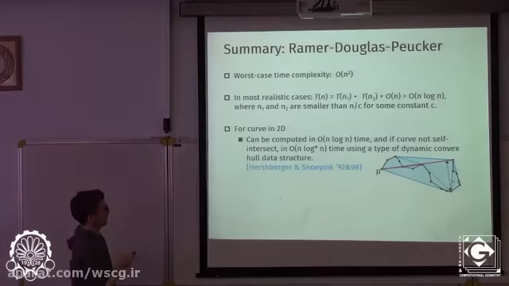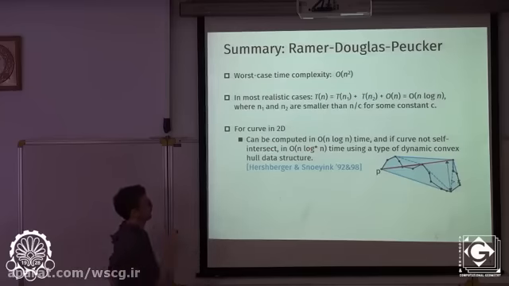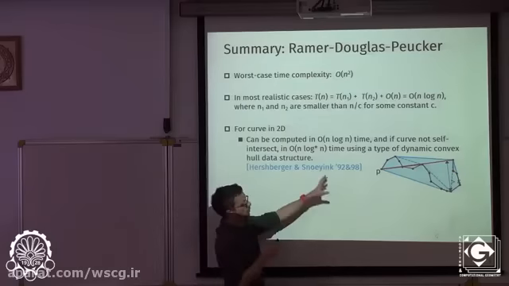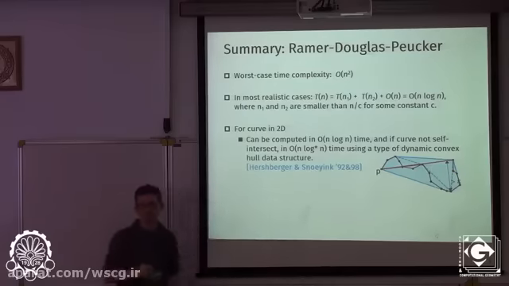There's also nice theoretical work on this: it can actually be computed in n log n time, and for non-self-intersecting curves in n log star n time. The idea there is using dynamic convex hulls.